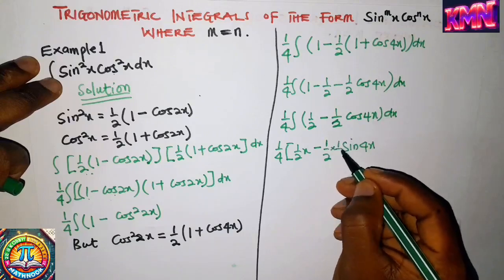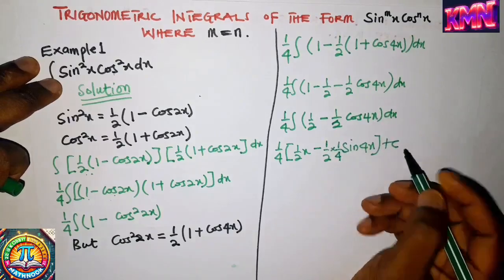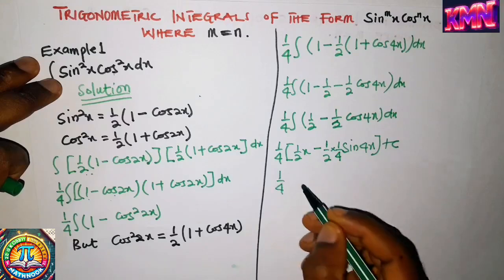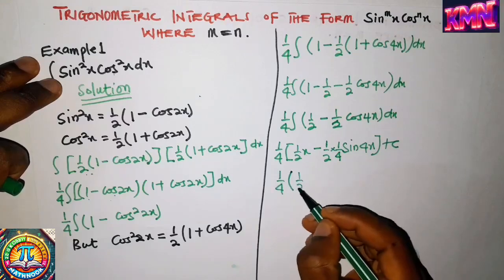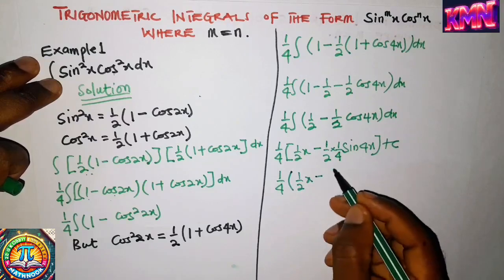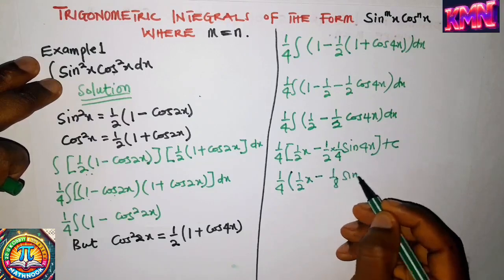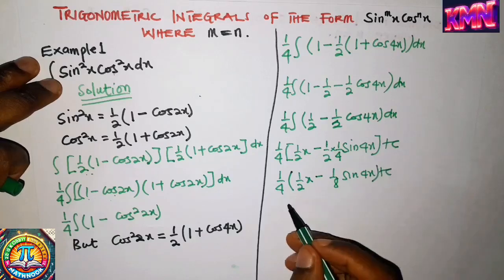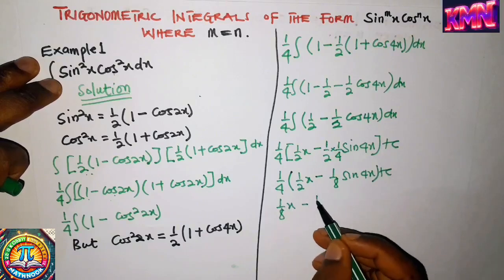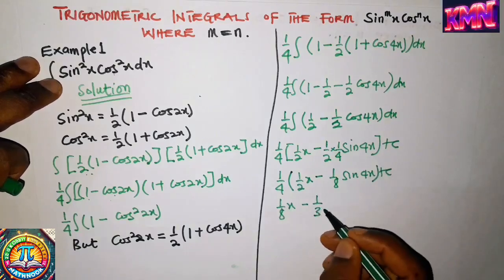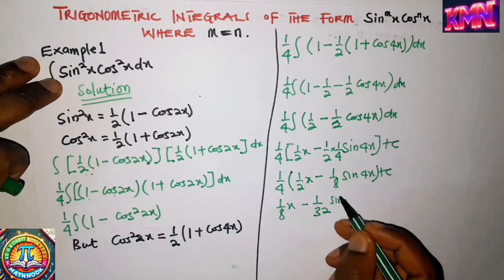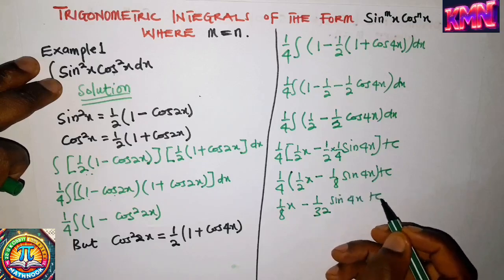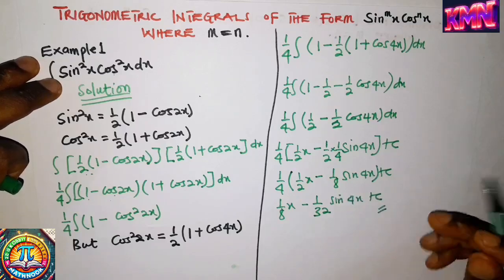So by 1/4 plus c, we get 1/4 by half x minus 1/8 sine 4x plus c. Multiplying through by 1/4, we get 1/8 x minus 1/32 sine 4x plus c, and that's the solution for that.